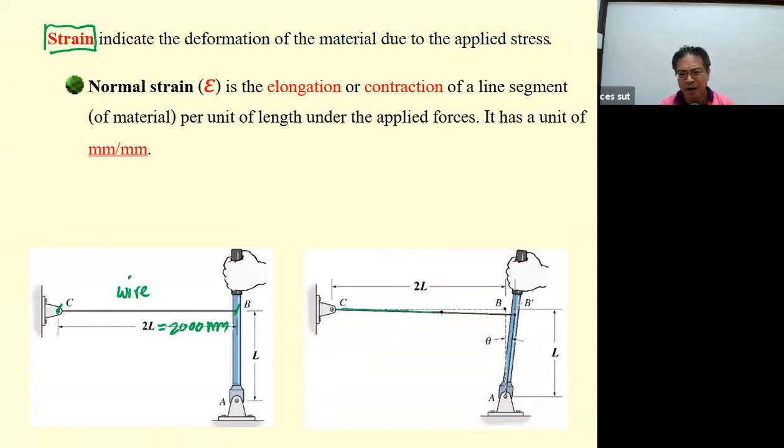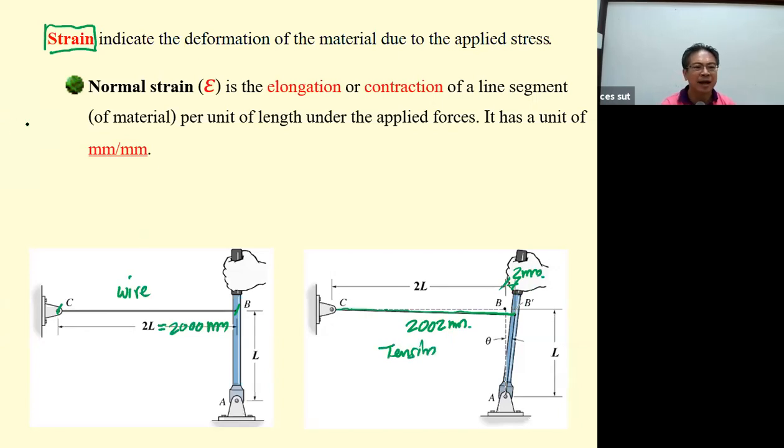This one will be longer than we had before. Let's say it is 2002 millimeter, that means the wire elongates 2 millimeter more. By doing this, the wire is in tension.